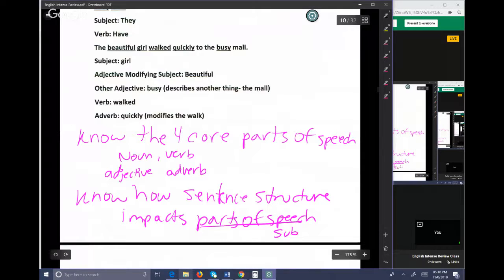Specifically, it impacts the location of the subject. If you have a conjunction in a sentence, that will potentially impact where the subject is. Where the subject is impacts where the verb is that goes with that subject. You could have five verbs in a sentence.